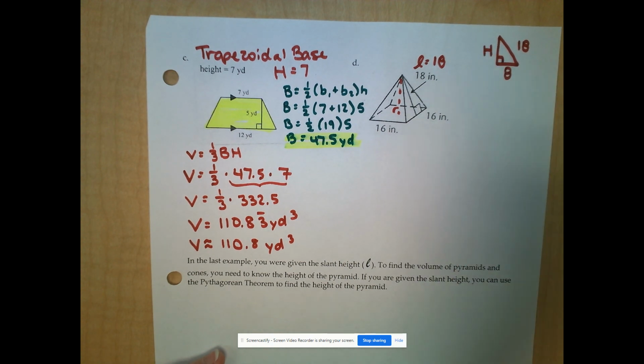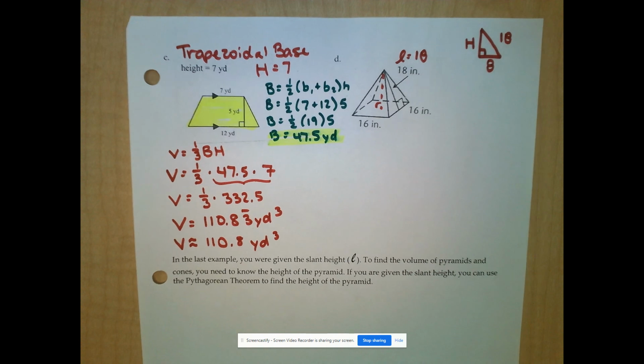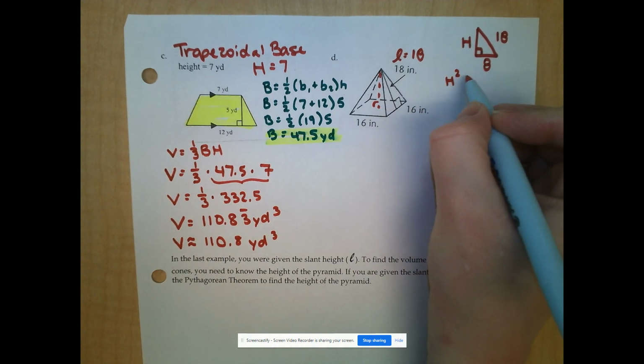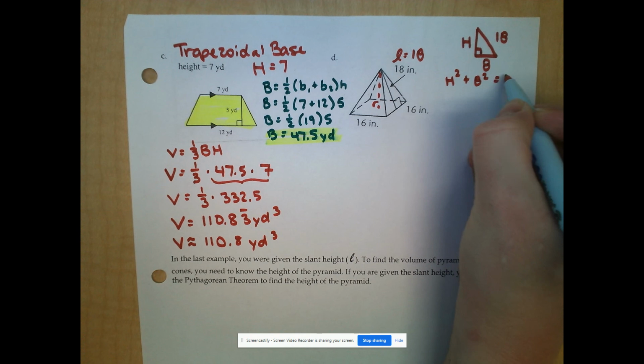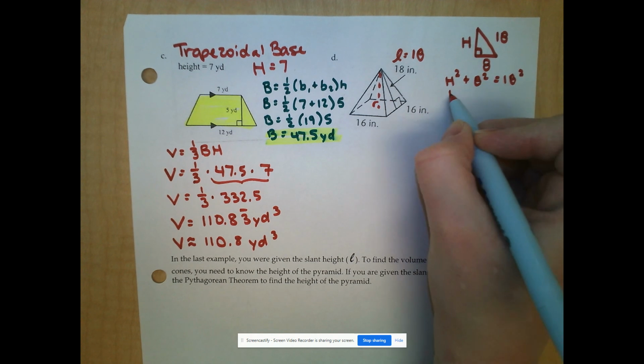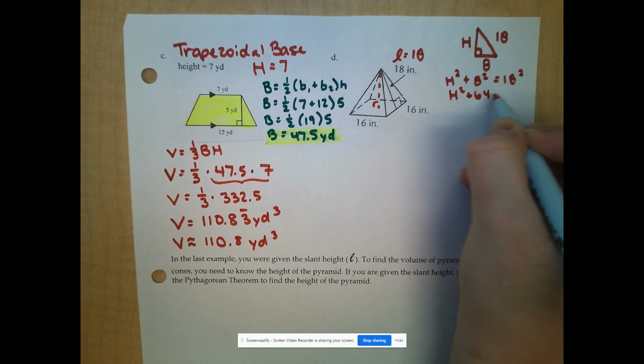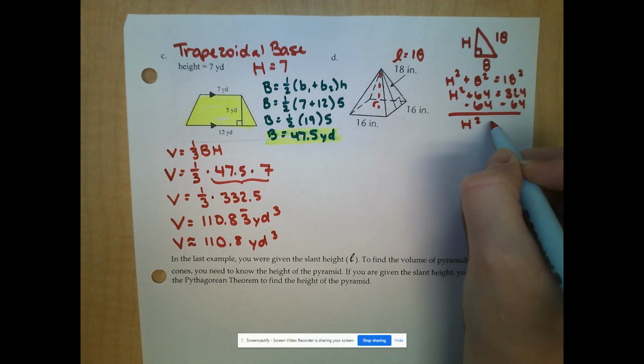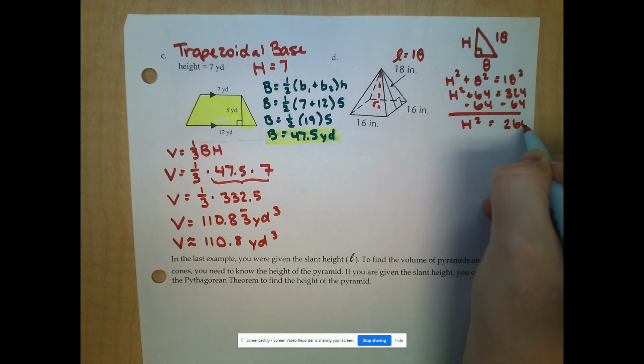And the thing I don't know, capital H, is the overall height of the pyramid. So to find my overall height, H squared plus 8 squared equals 18 squared, I'm going to have to do both of those numbers squared and then subtract the 64 from both sides. Capital H squared equals 260.